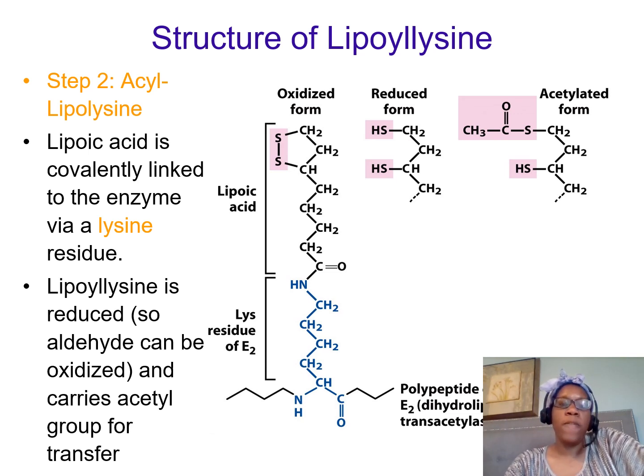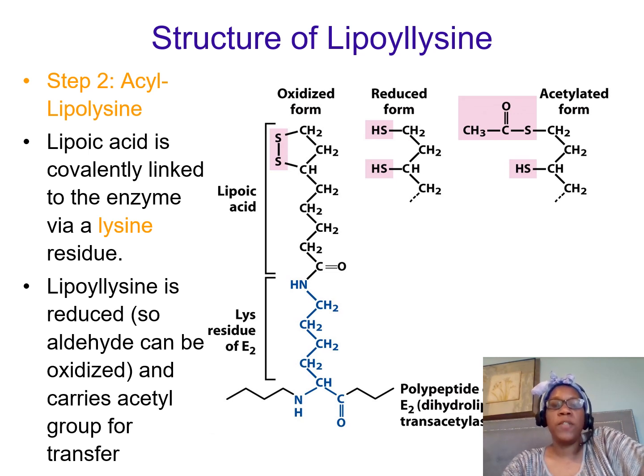All right, so the first thing that happens is we reduce the lipoyllysine. So we have the reduced form of lipoyllysine. That makes it so the aldehyde can be oxidized, and it carries the acetyl group for transfer. So we have an acetyl group from the hydroxyethyl TPP.